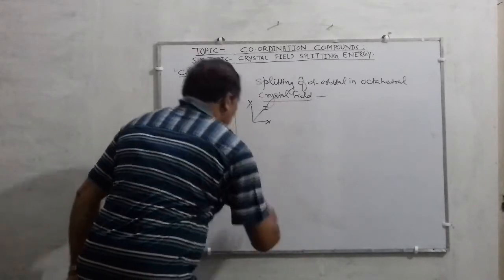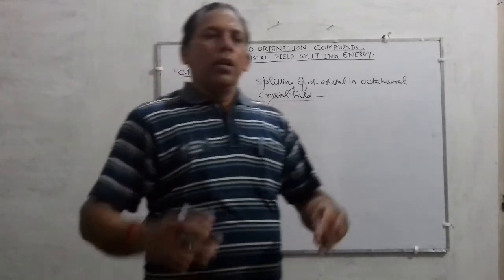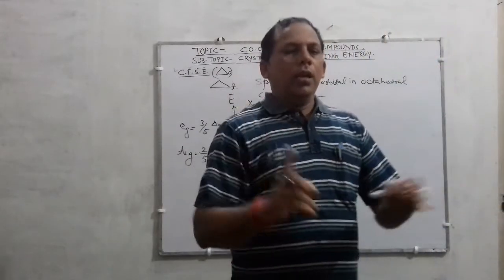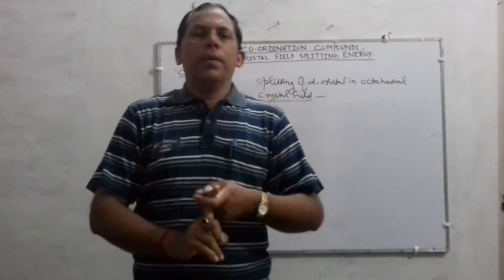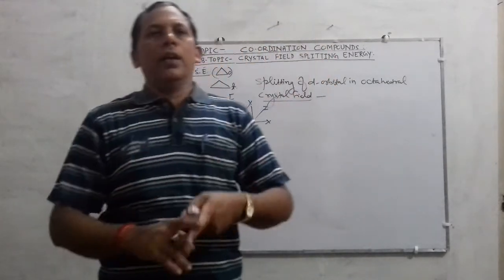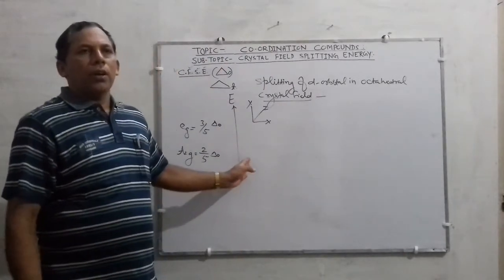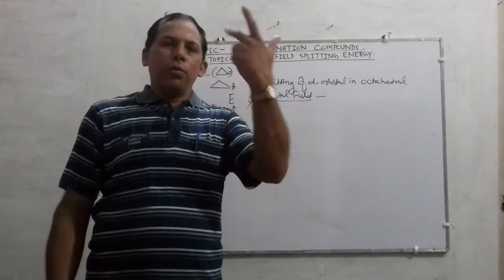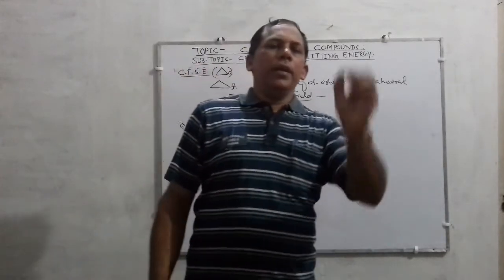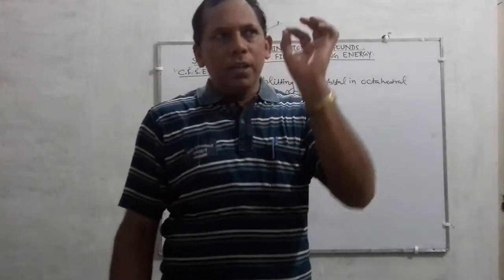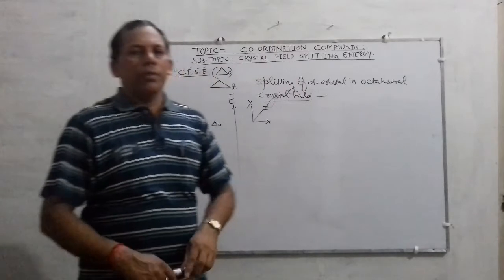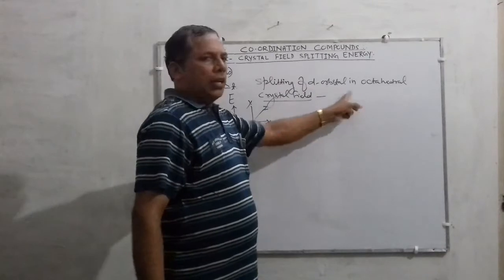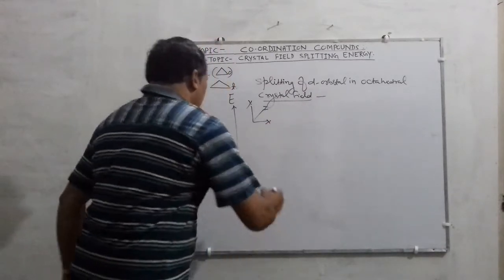You know that, in crystal field theory, I have already explained that the energies of all five d orbitals are almost identical, and such d orbitals are called degenerate orbitals. The d orbitals are dxy, dyz, dzx, dx square minus y square, and dz square. Keeping this in mind, the splitting of d orbitals in an octahedral crystal field can be represented as follows.